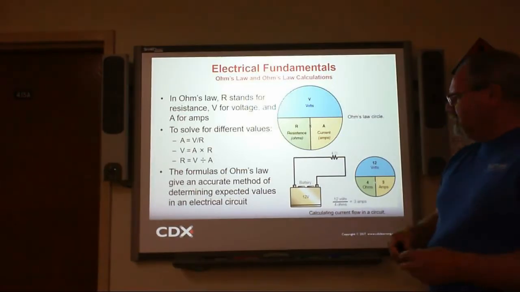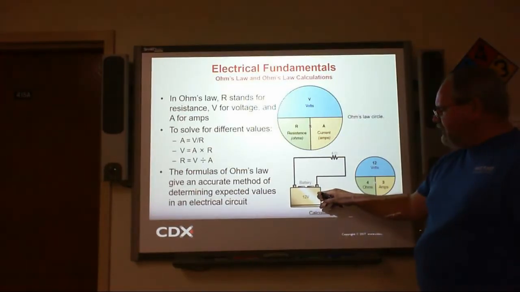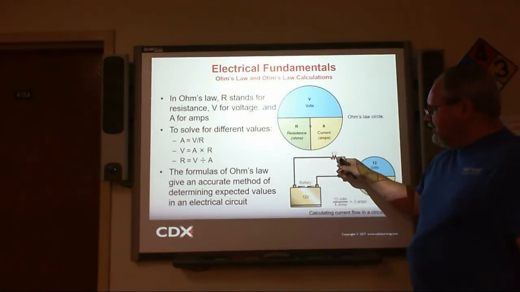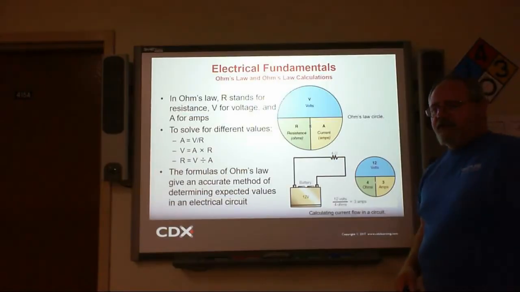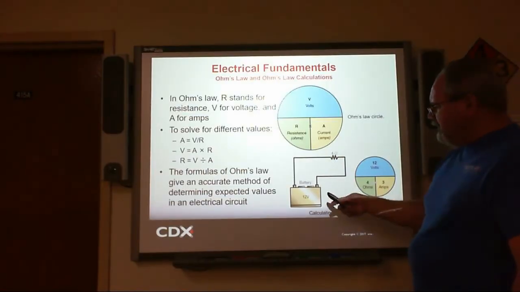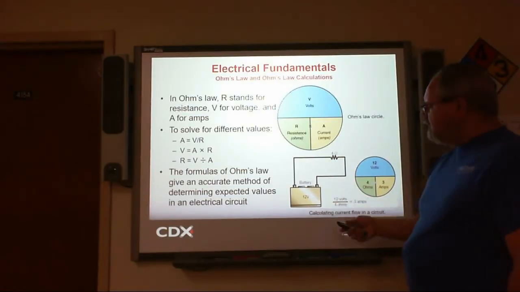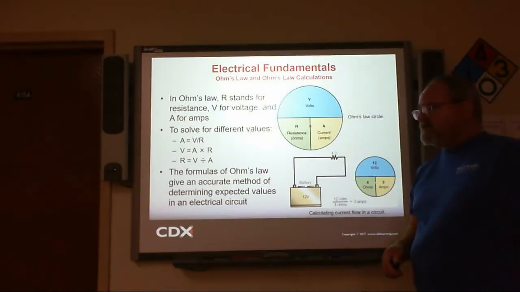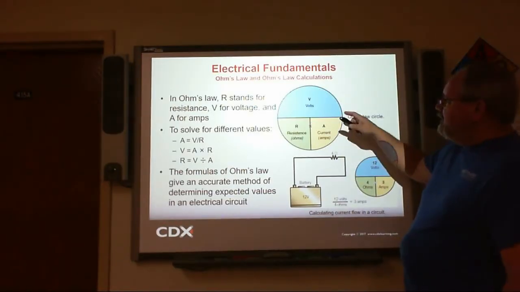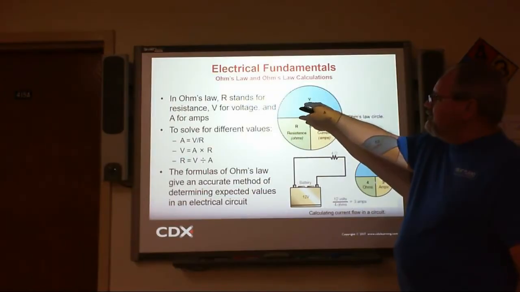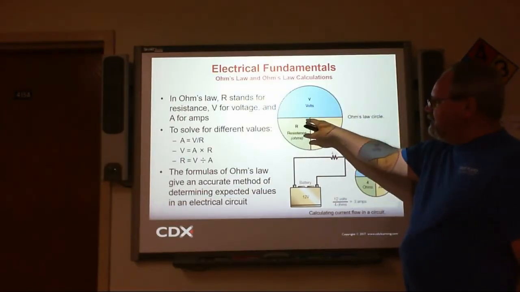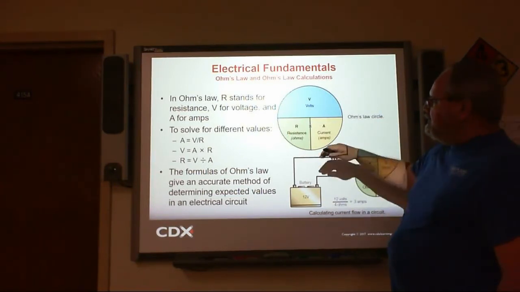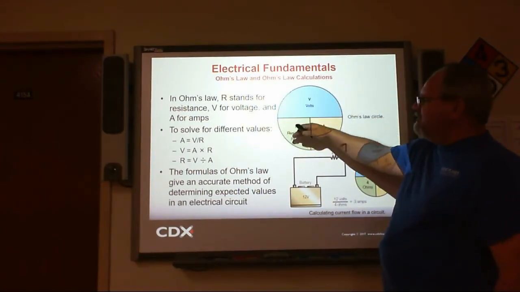For example, we have a circuit here with a battery, a conductor, a 4 ohm load, which has 4 ohms of resistance, and a circuit back to our load. We know the voltage is 12 volts, and we know the resistance is 4 ohms. So if we put 12 in our voltage area and 4 in our resistance area, that tells us we need to divide 12 by 4.